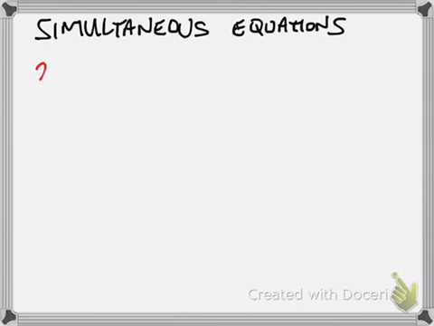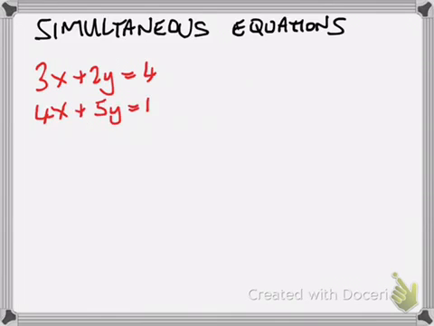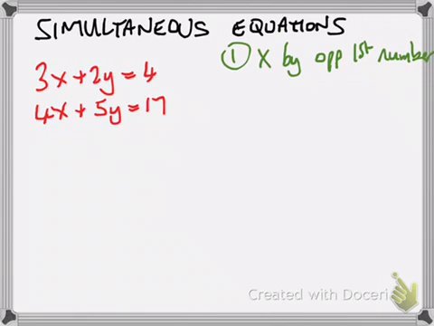So for example, if you had 3x plus 2y equals 4, and 4x plus 5y equals 17. Now the first thing you do, I'll give you the steps here on these equations, is you multiply by the opposite first term number. Multiply by the opposite first number.